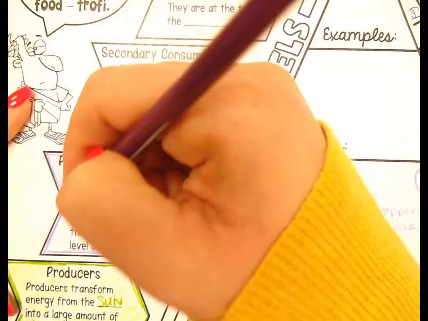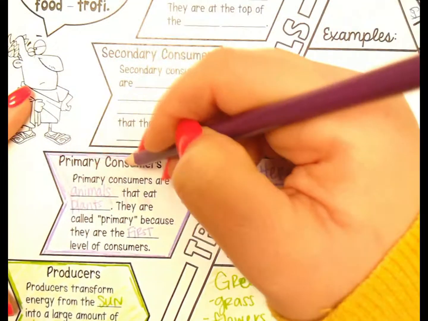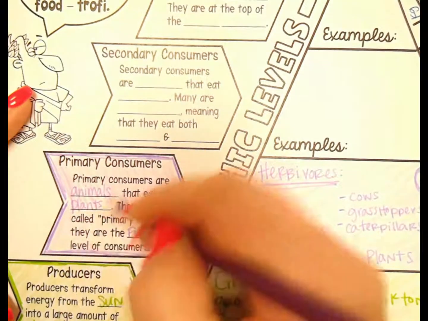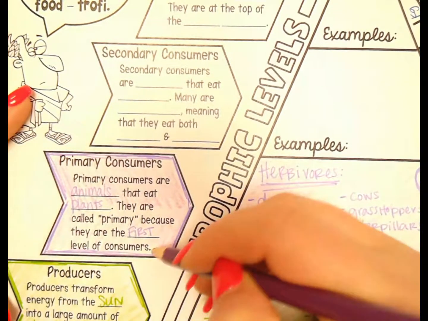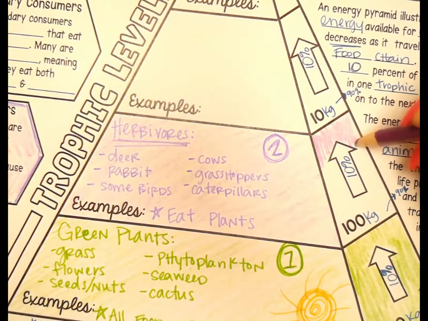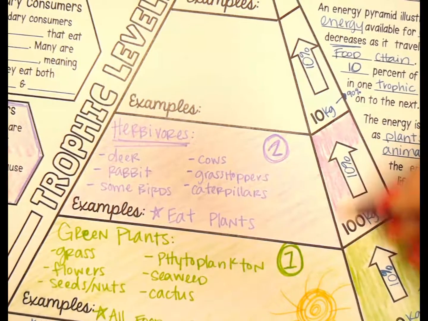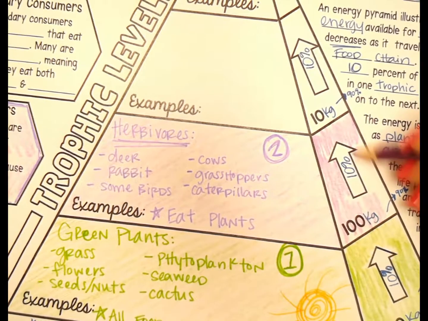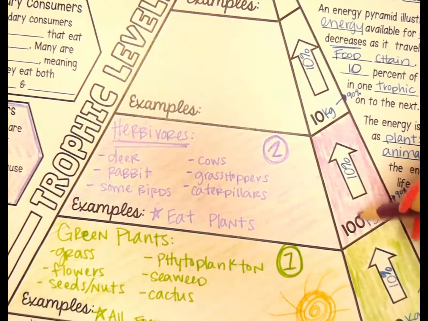These are herbivores, and they are very important to that transfer of energy, right? Because they're going to take that plant energy and turn it into energy for them, for reproduction, for survival, all of the things that organisms need to do.